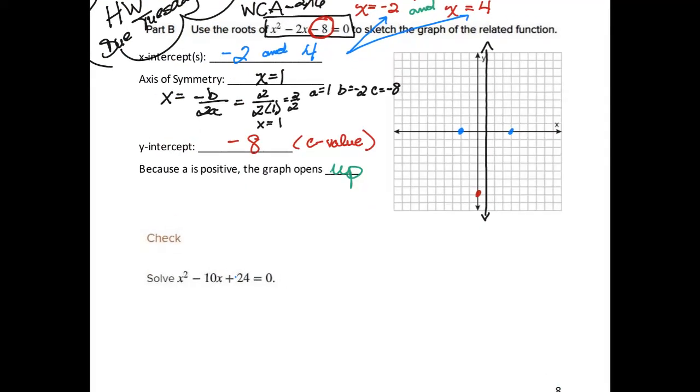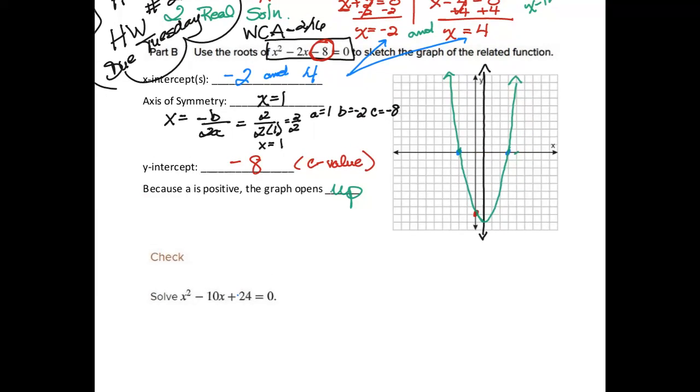Now, we know this is going to be going up, right? Because we just said it's opening up. This would have to come down here, which means my vertex is probably going to be at least 1 unit lower. And we could actually find the vertex by knowing that here's our axis of symmetry, so our vertex would lie on that point.